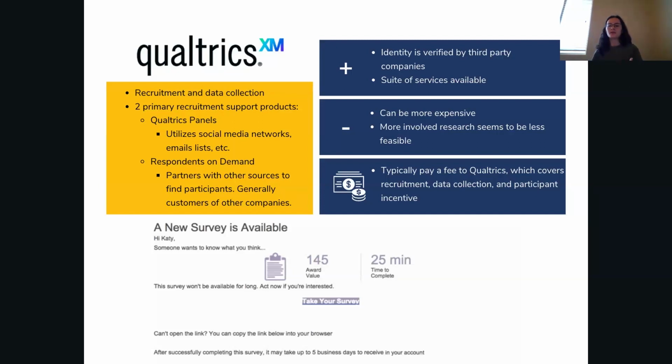And that could be Sky Miles, that could be points at their favorite retail outlet, or cash or gift cards. It really just depends on where that participant is being surveyed from and what they agree upon. So you pay a base fee, and Qualtrics takes care of the incentive structure for you.